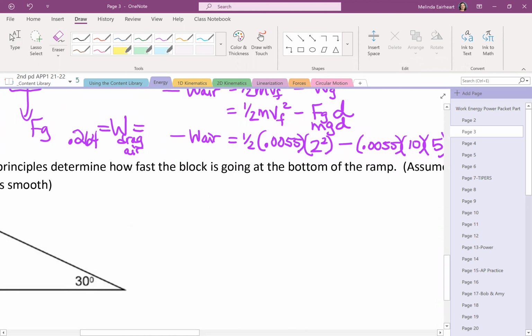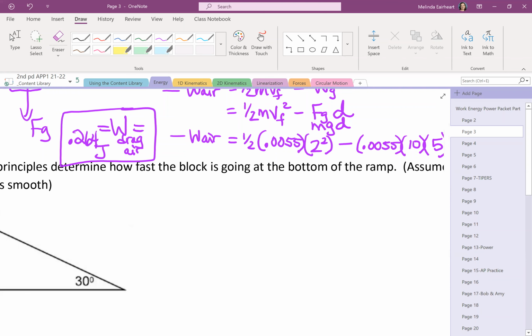And the negative went away, yes? It should have canceled out because we're solving for the magnitude of the air. So 0.264, what's the SI unit for work? Joules. Good on that one?